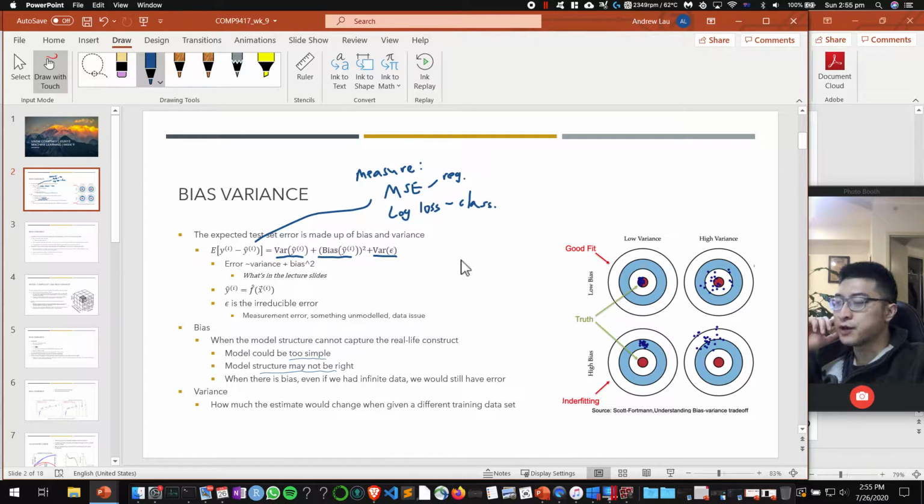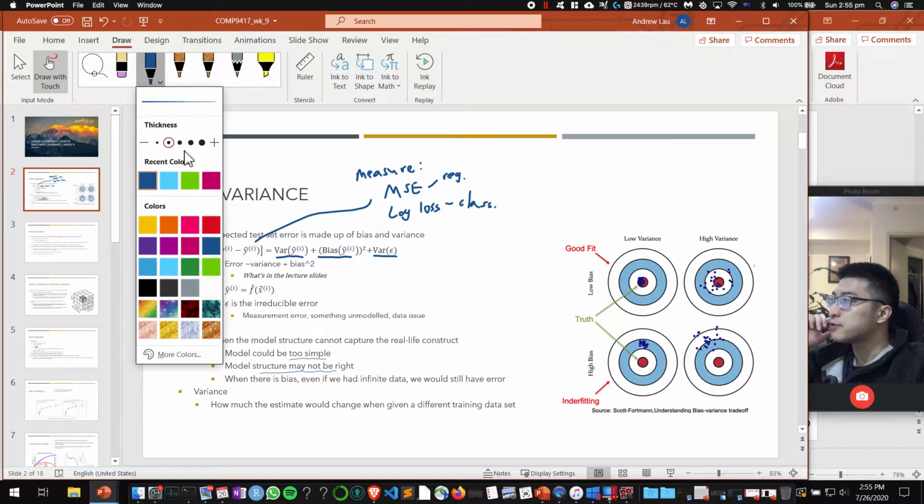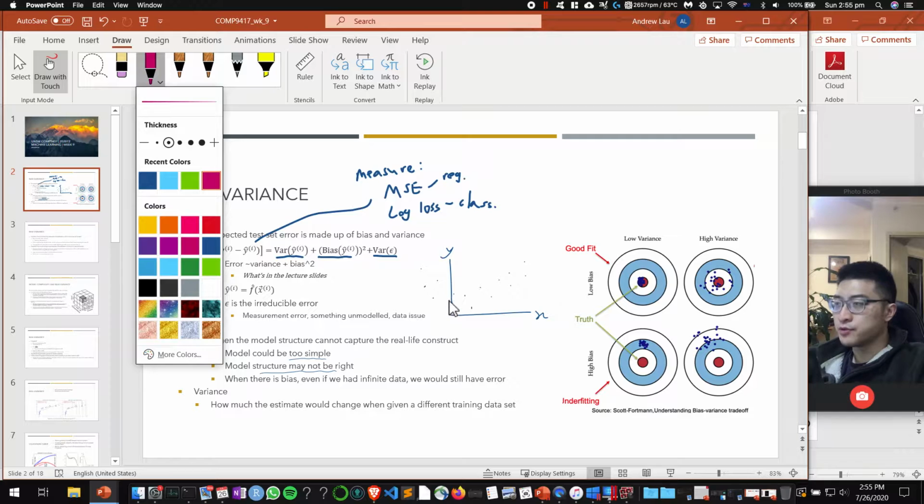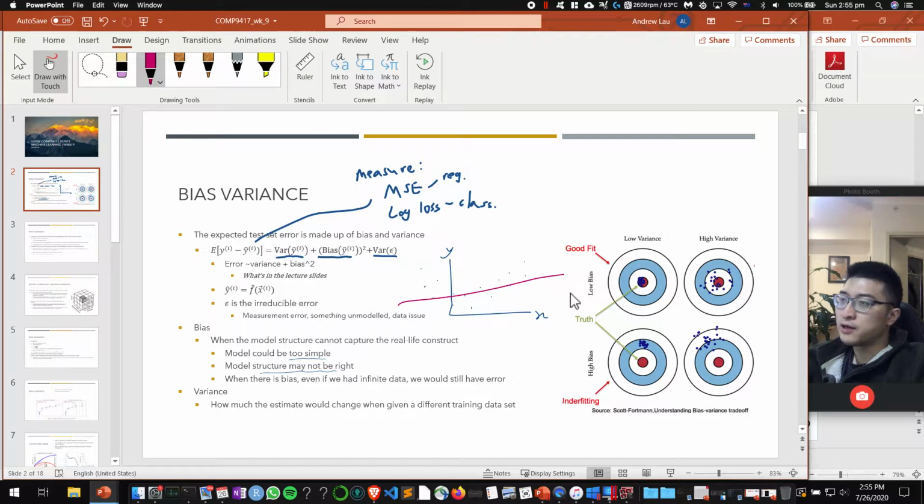Let me give you a good example. You could have some data like this. This is your feature, and this is your target. And you try to fit some sort of linear regression to it.